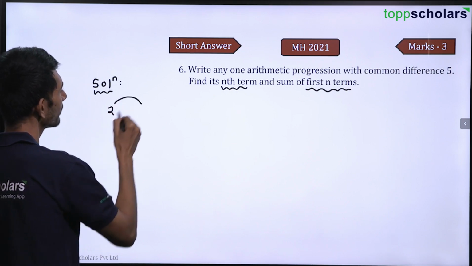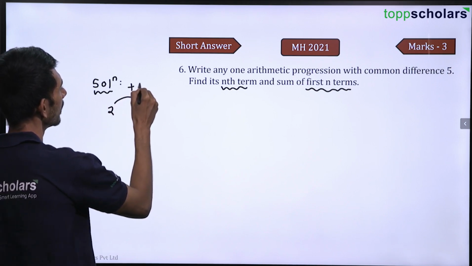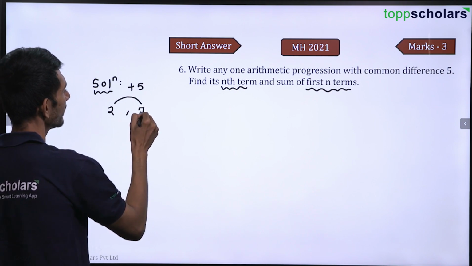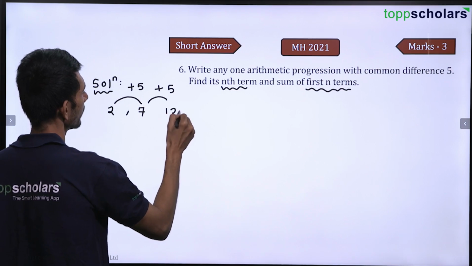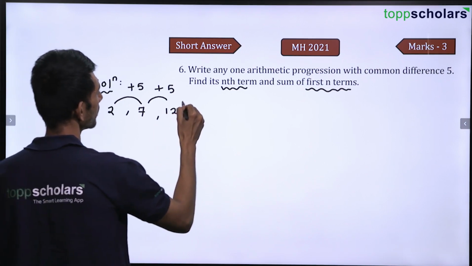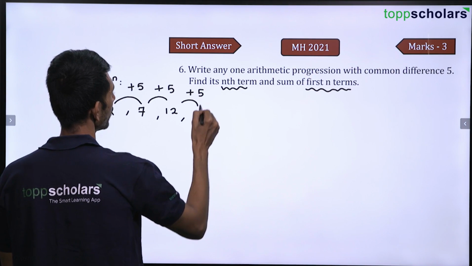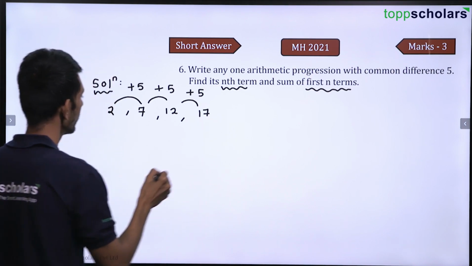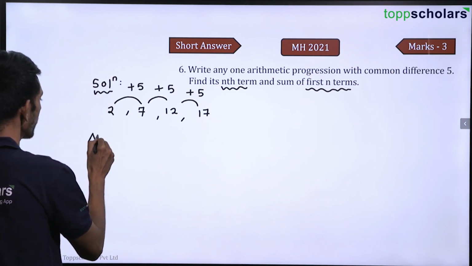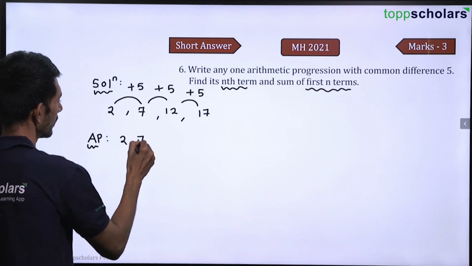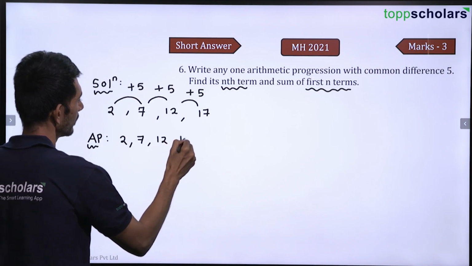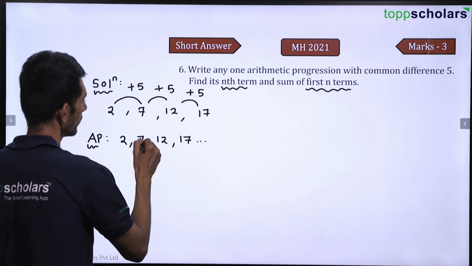If the common difference is 5, what will be the next number? Plus 5, that is 7. What will be the next number? Plus 5, that is 12. What will be the next number? Plus 5, that is 17. So can we say our AP is 2, 7, 12, 17 and so on.